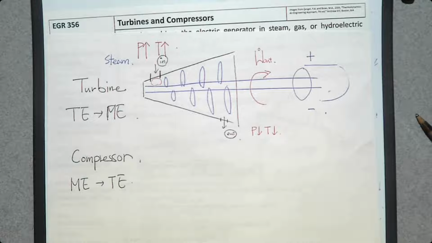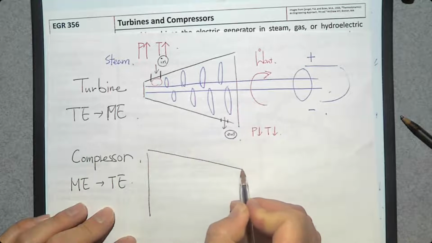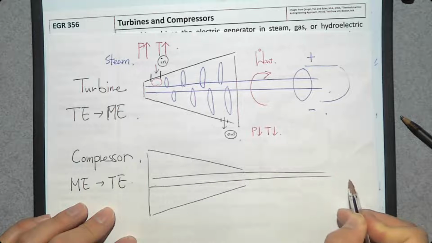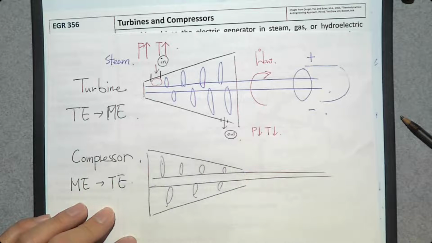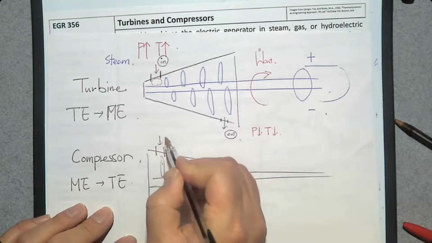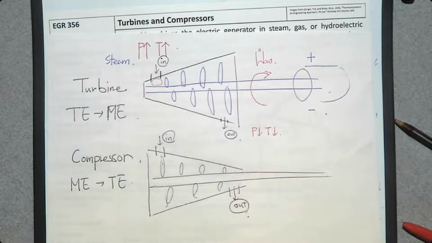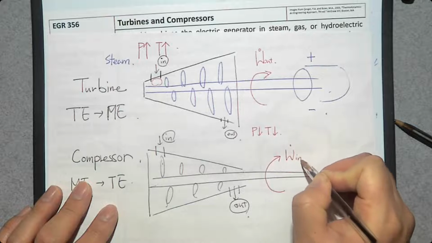And this compressor looks similar to the turbine, but it looks the opposite of this turbine. So there's an inlet, there's an exit, and this compressor does not produce work, it consumes work. So we need to provide mechanical work, W dot in.